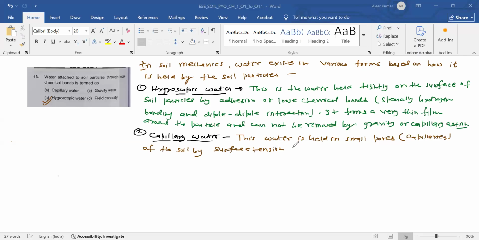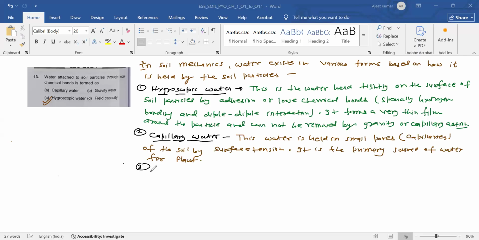It is the primary source of water for plants.